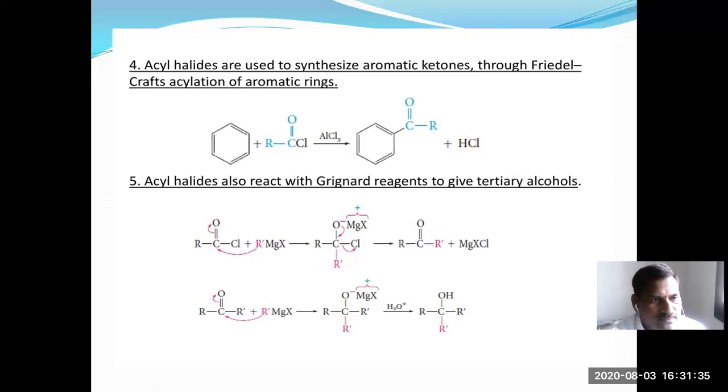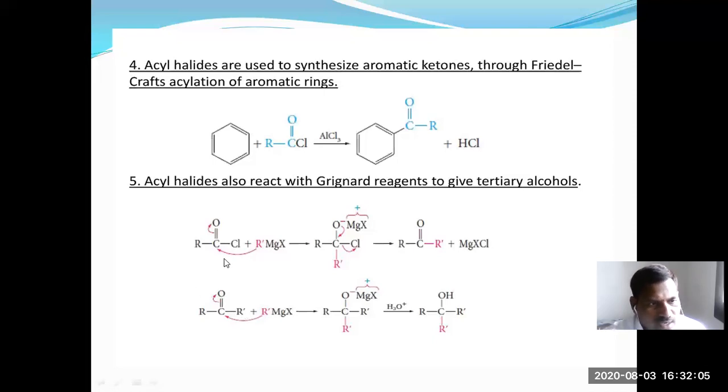An example is benzene reacting with acetyl chloride, CH3COCl, and AlCl3. The product is acetophenone. In benzene, C double bond O, instead of R, CH3 is there. So that is acetophenone.